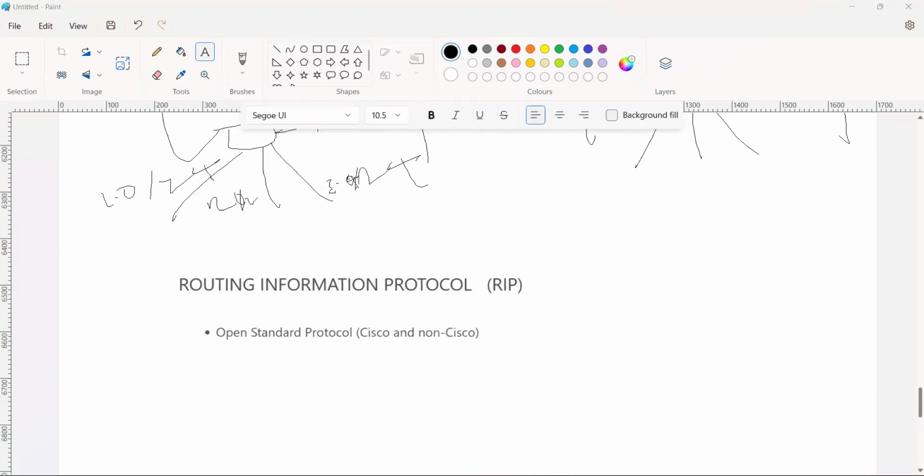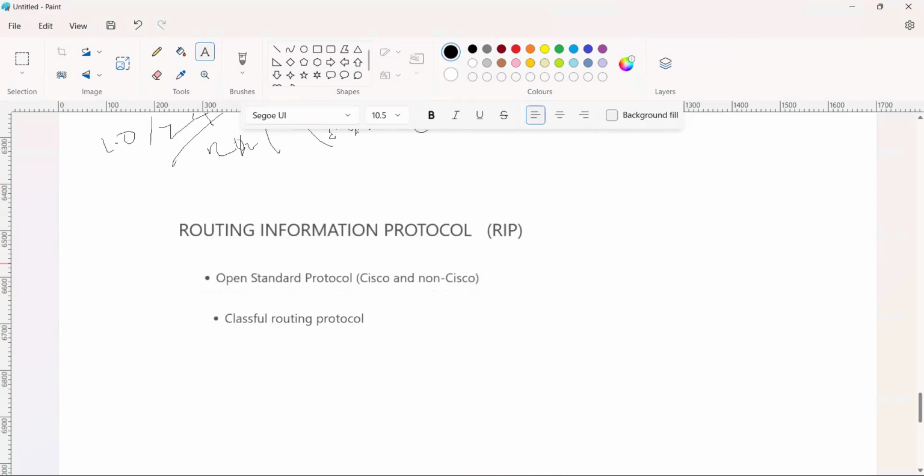And it is a classful routing protocol. What does that mean? We have classless and classful routing protocols.